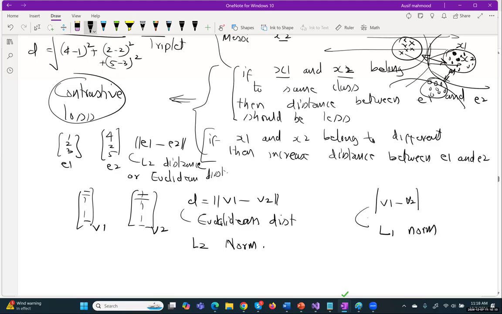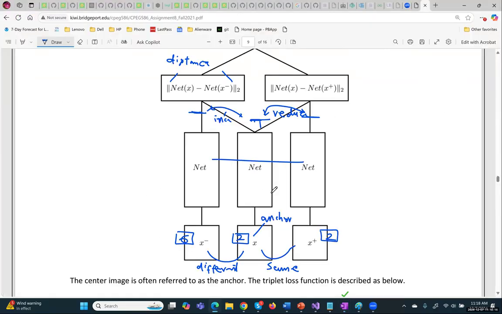Coming back to over here, you can see our code is basically computing this and computing this. Our loss function will try to reduce this part, the distance between these two, and increase this part.